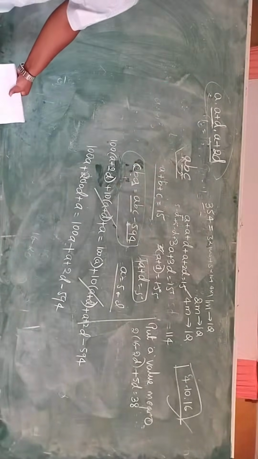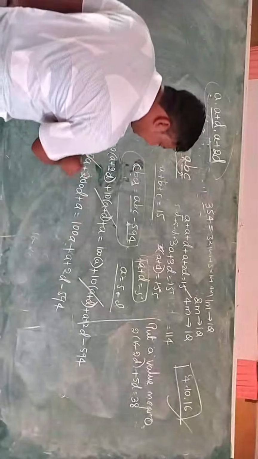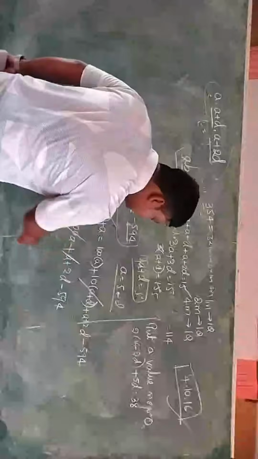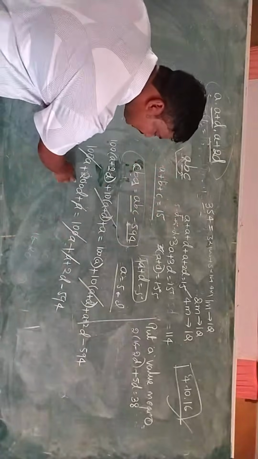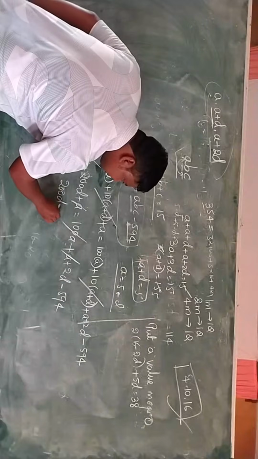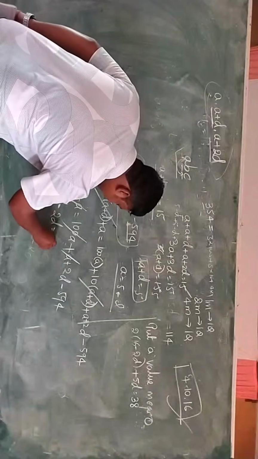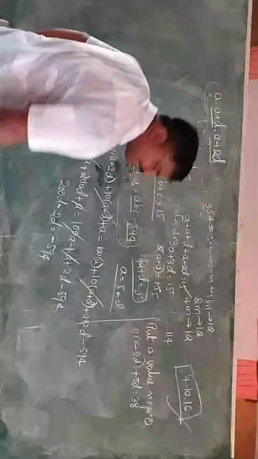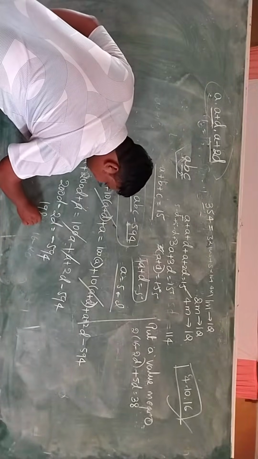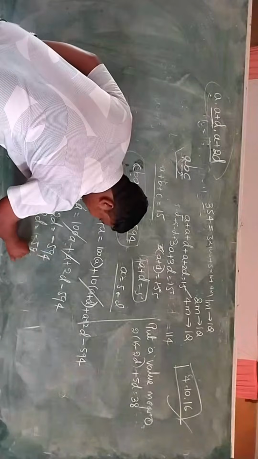Am I right? Yes. 100a, 100a cancel. Plus a, plus a cancel. 200d minus 2d is equal to minus 594. So 198d is equal to minus 594.